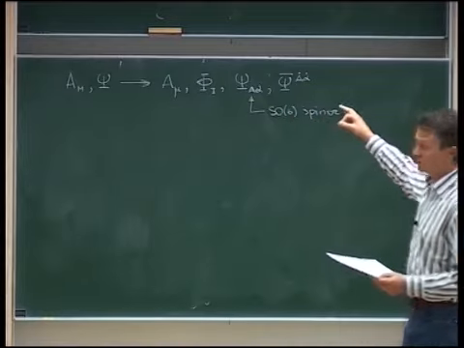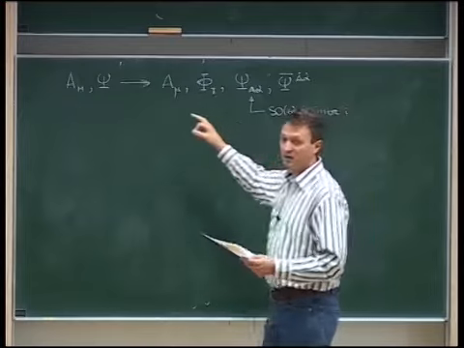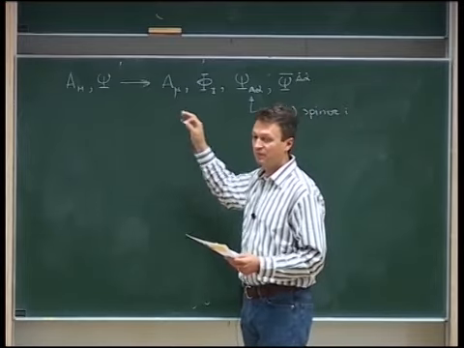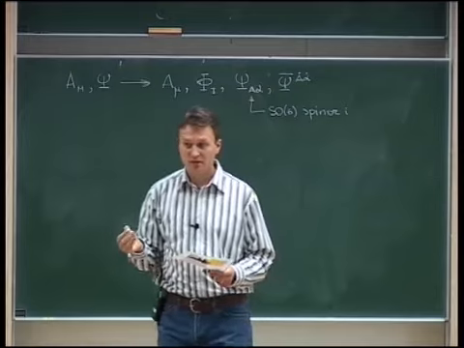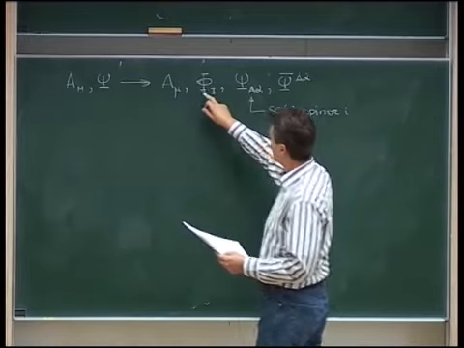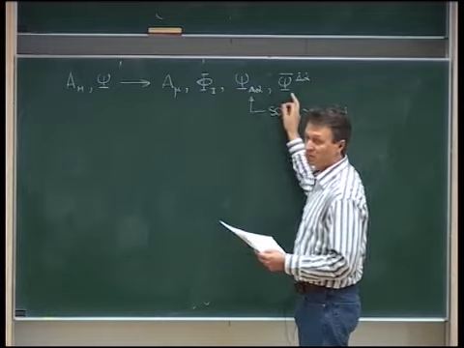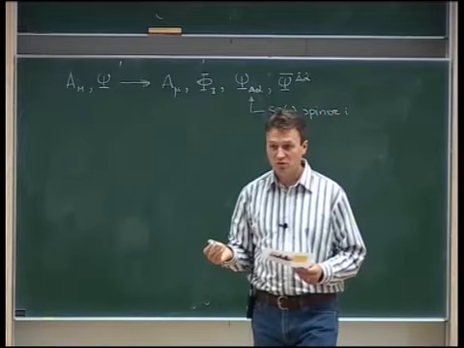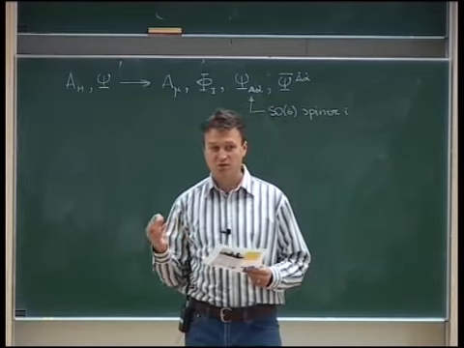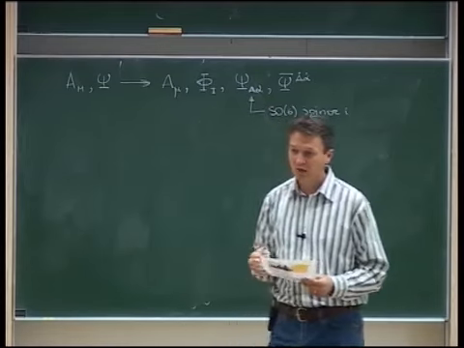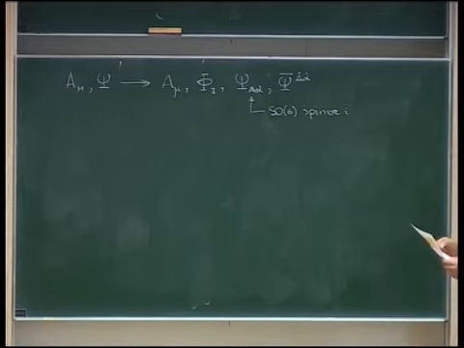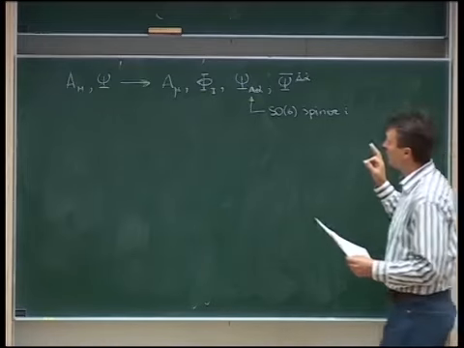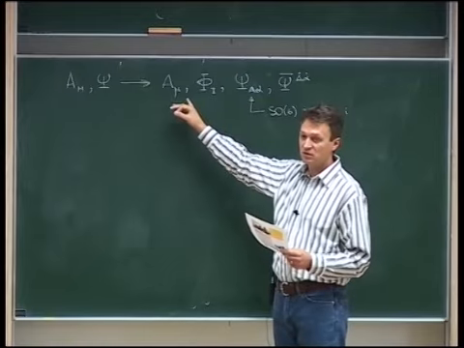So these fields are just matrices, so they remain N by N matrices with color indices. In particular, these fields phi, psi, and psi bar are in the adjoint of U(N), and the decomposition only concerns the Lorentz indices.